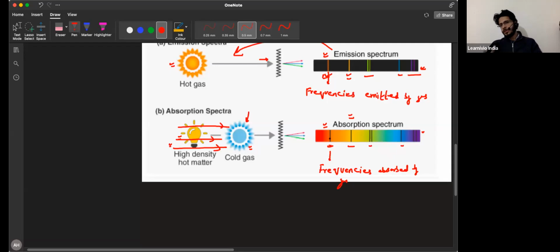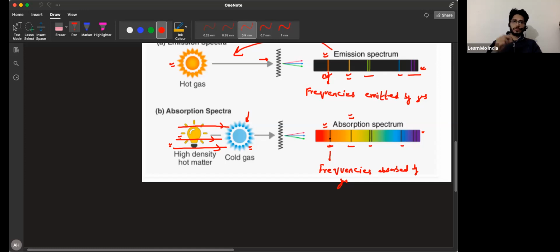Will those frequencies be the same or different? The same. Yes, same is the right answer. Why do you think these two frequencies would be the same? Sir, because their energy differences will be equal.